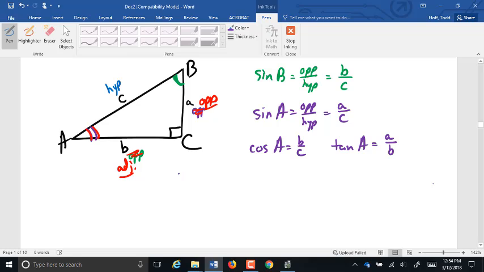A over B. Secant of A? Remember, secant is the reciprocal of cosine, so you just flip over the cosine. Cosine is B over C, so secant will be C over B. Cosecant of angle A? C over A. Again, that's just flipping over the sine. Cotangent of A? B over A.